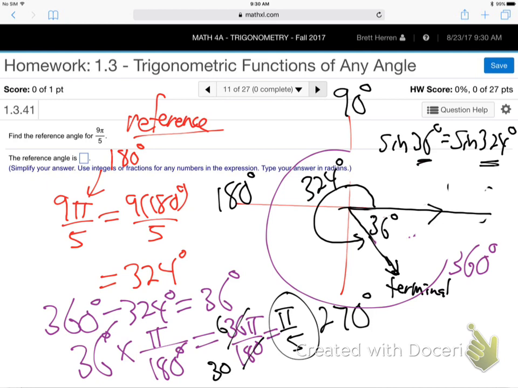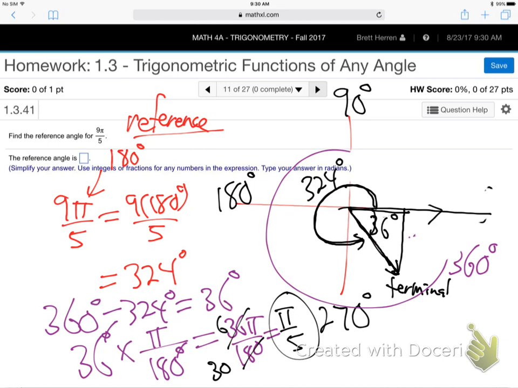You can try if you have your calculator. Hit the sine of 36, hit the sine of 324. I don't even have any idea what it is, but whatever it is, they're the same. Other than positive negativeness. Now, why are they the same? Well, because it's the same triangle, you see? 324 degrees ends you right here, which is a triangle right there with an angle of 36 degrees.